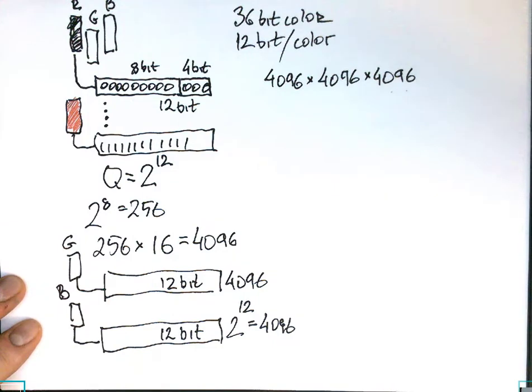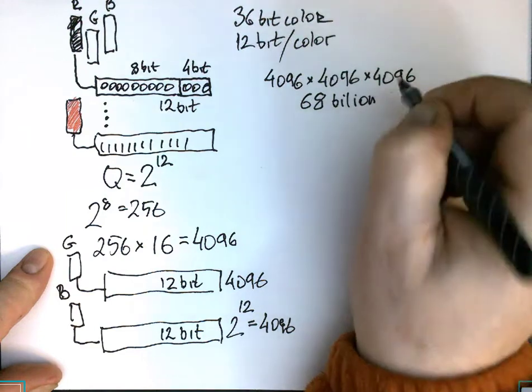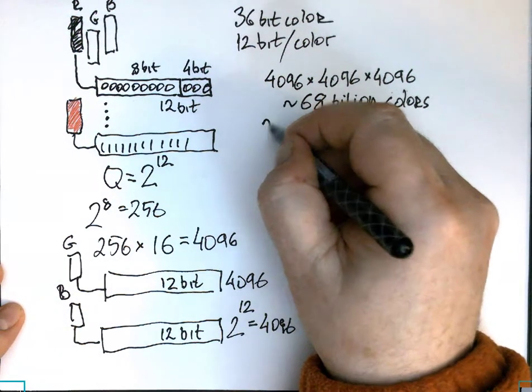Let me do this quickly. 68 billion colors, approximately. So folks, 36-bit color gives you the opportunity to display and to see real life colors.